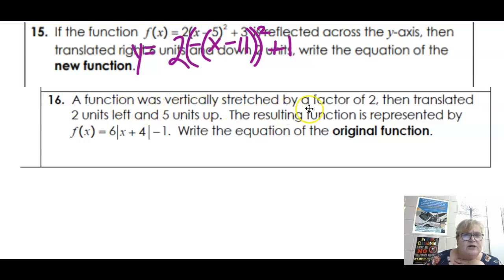Function was vertically stretched up by a factor of 2. And we're supposed to undo it. We're supposed to find the original. So if this got multiplied by 2, it used to be a 3. All right, it was translated 2 to the left. Well, right now it's 4 to the left. So if we took off 2 of those, it would only be 2 to the left.